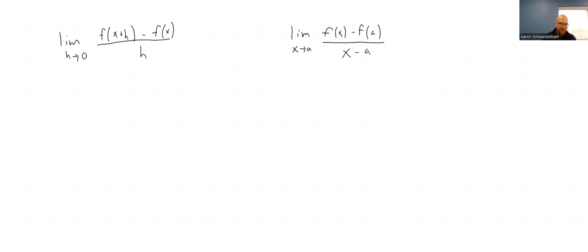And yesterday we talked about the derivative, we talked about a secant line here. And we can call this x and this a. Wait, no, let's reverse that. Let's call this a, this x.